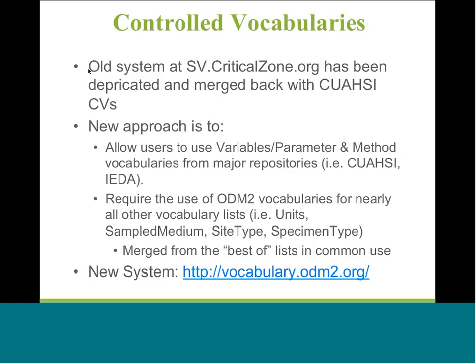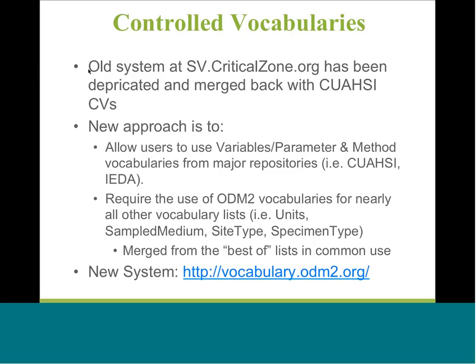However, ODM2 gets its power from actually having a lot of relatively small vocabulary lists that together define the types of data in a really powerful way. And we realized that there were a lot of vocabularies that we needed, and frankly you all needed, that weren't well defined.